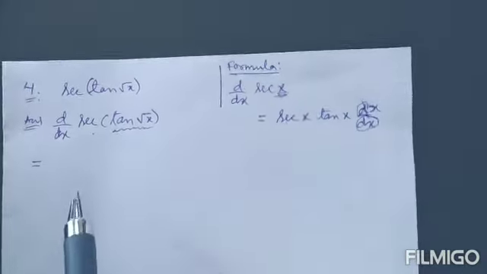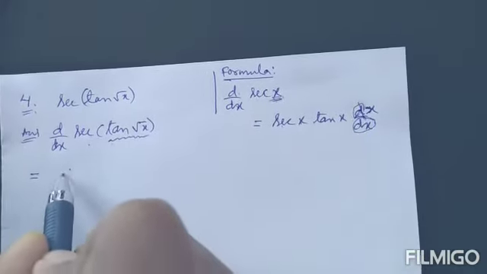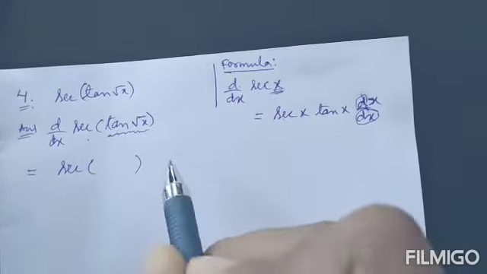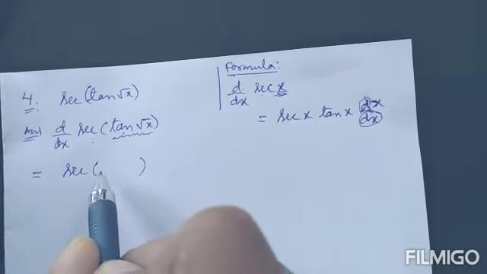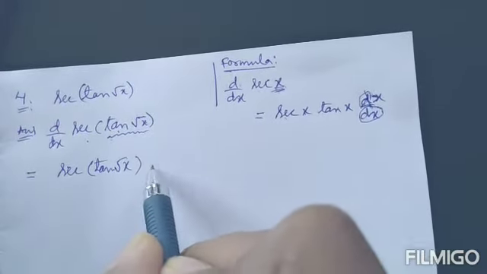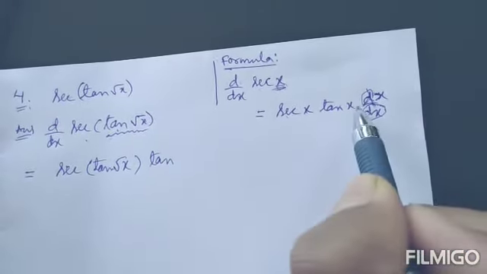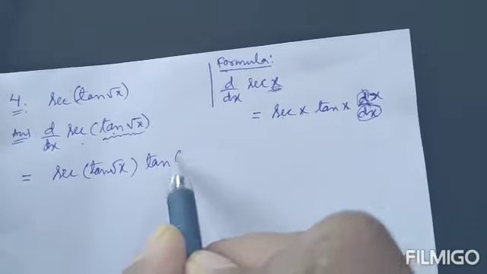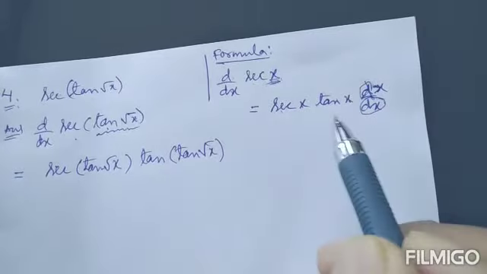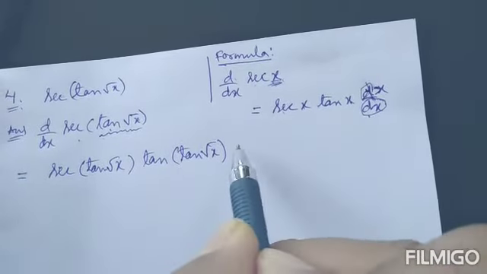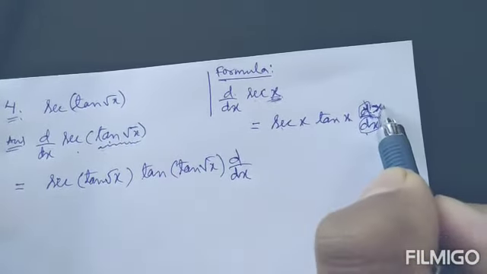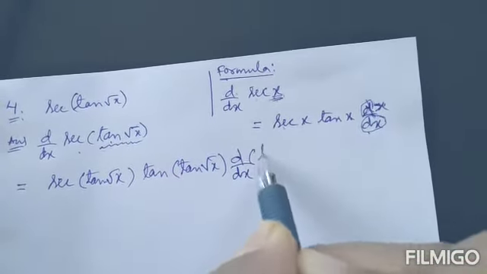So what I'll have in the next line is sec of x, that means tan of root x, and then tan of x, in place of this x again tan of root x, and then d by dx remains the same, and then in place of this x again, tan of root x.